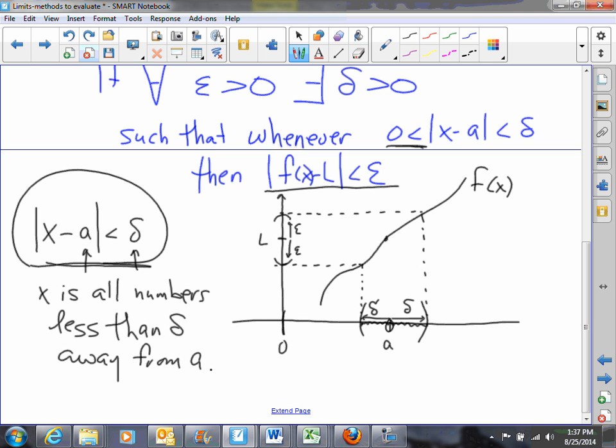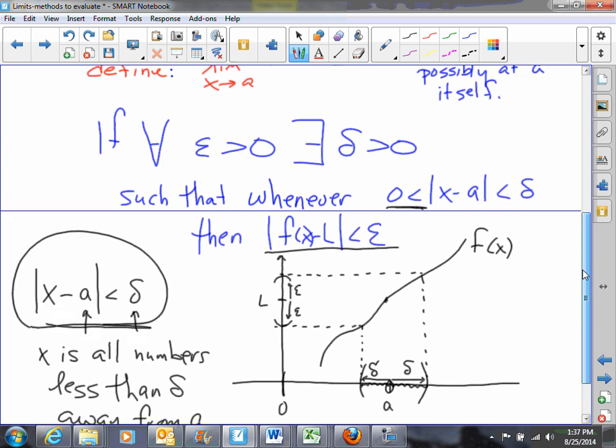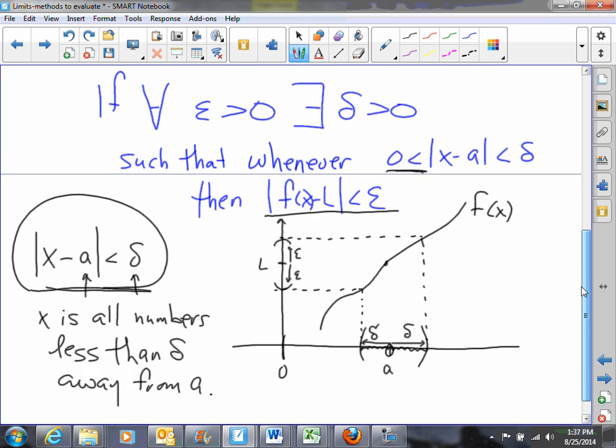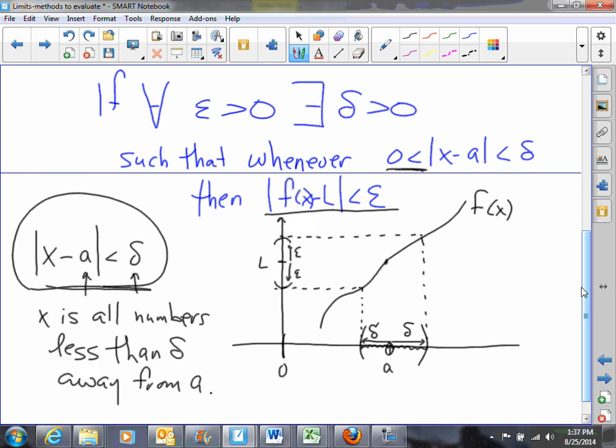What we're doing here, in this formal definition of limits, is going to be a bit like an argument. Somebody and I are going to have an argument about whether or not this function has a limit, or this function's limit is L, let's say, at A.